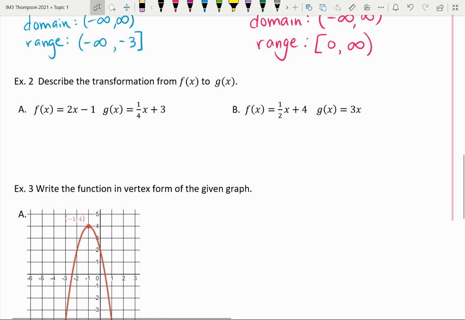I find it really helpful to draw little sketches here, especially for when you're talking about the vertex or the y-intercepts.